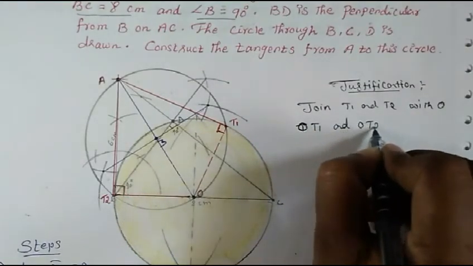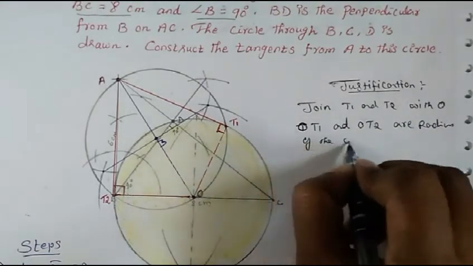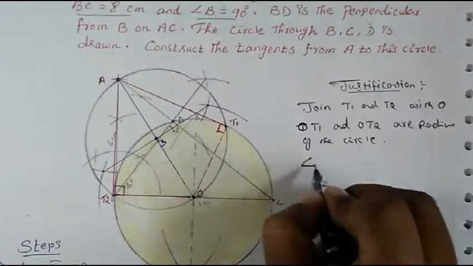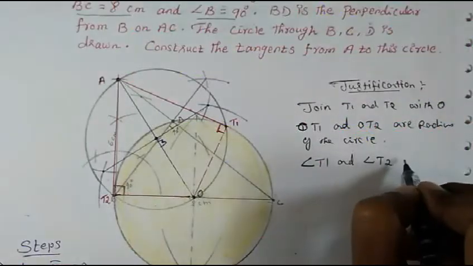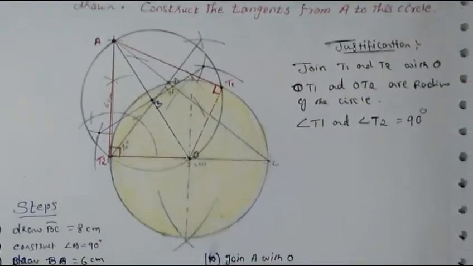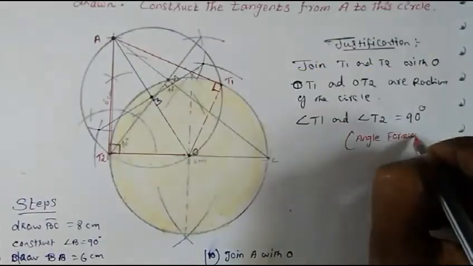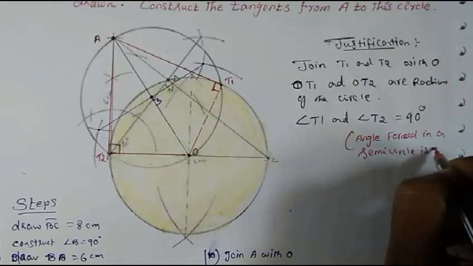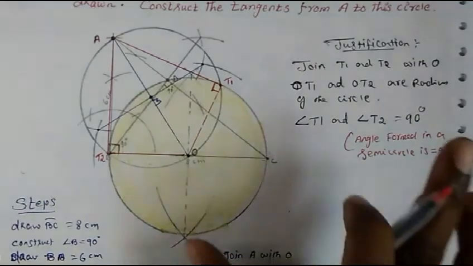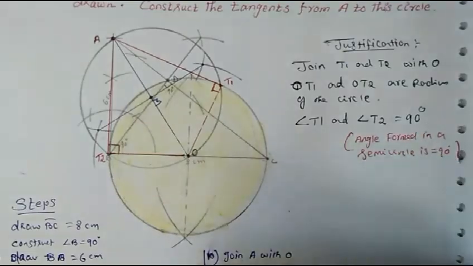OT1 and OT2 are radii of the circle, and angle T1, angle T2 are 90 degree. Why? Because the angle formed in a semicircle is always 90 degree.